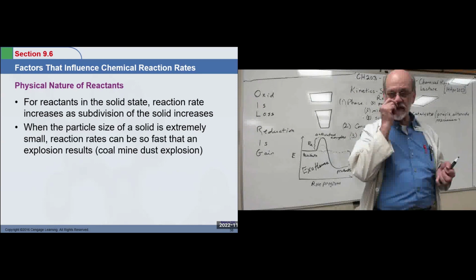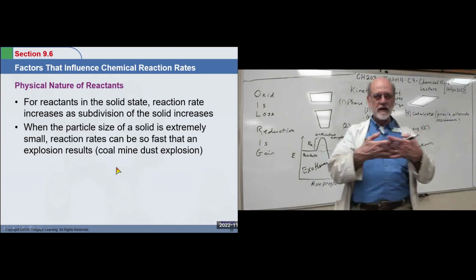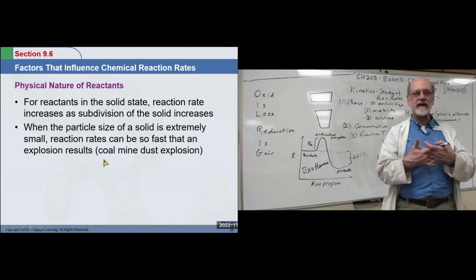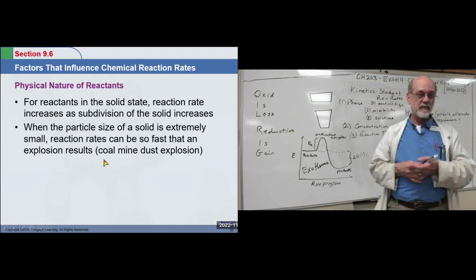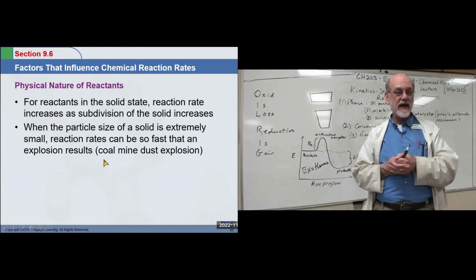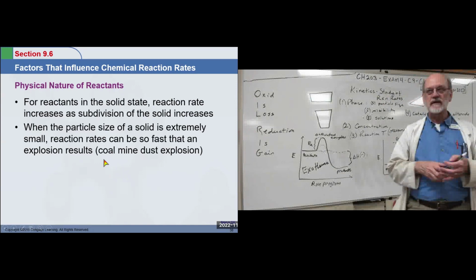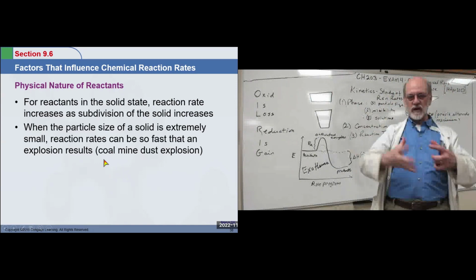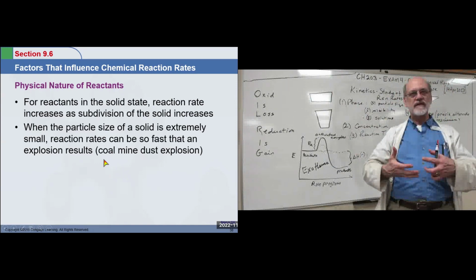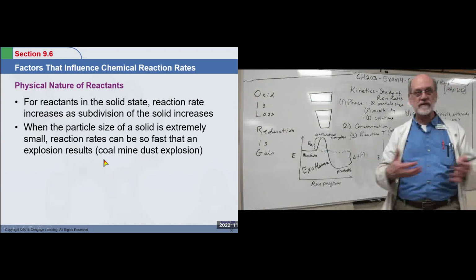Particle size just means that you get more intimate contact of reactants. And a good example there is coal mine dust explosions. As long as the coal is in the wall or in big chunks, then the risk is low for reactions with oxygen.